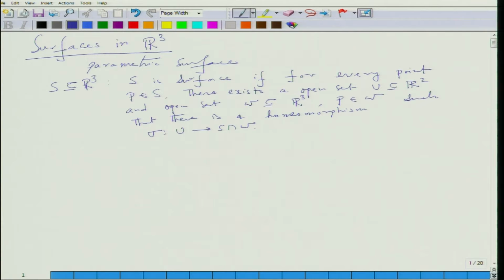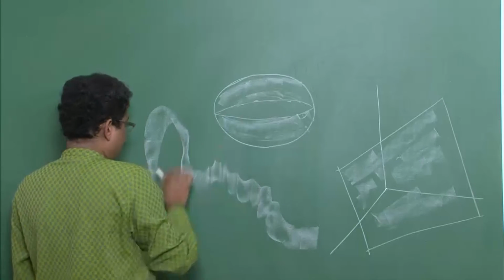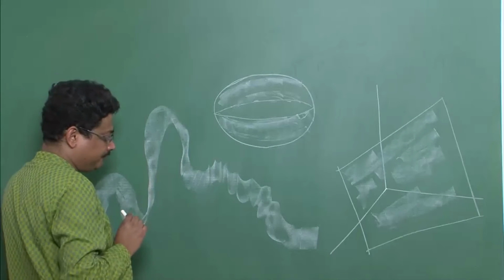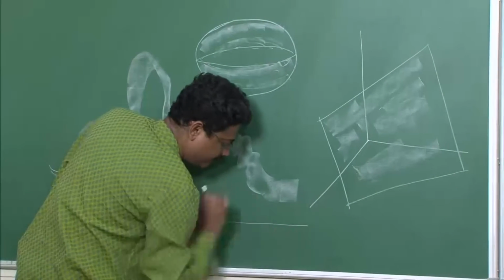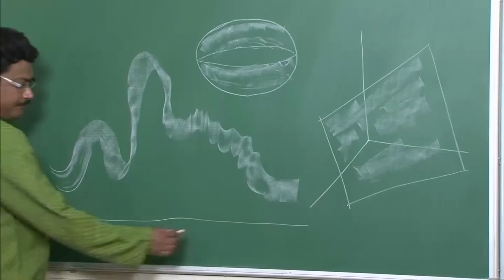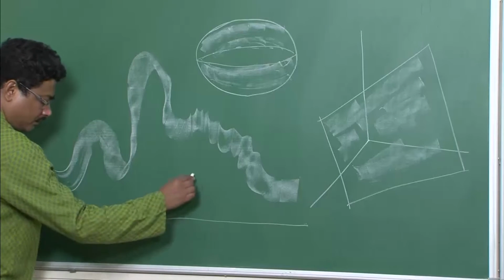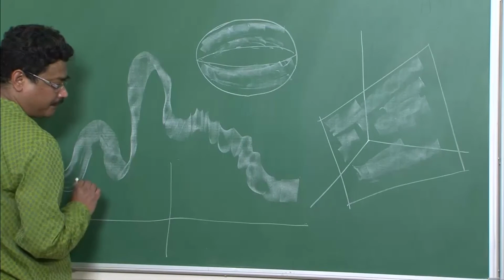So, what does it mean? That okay, I may have a surface, a very rough surface like that, in general terms, but I am viewing the surface from a plane, visually R2, and I am viewing it from the plane.